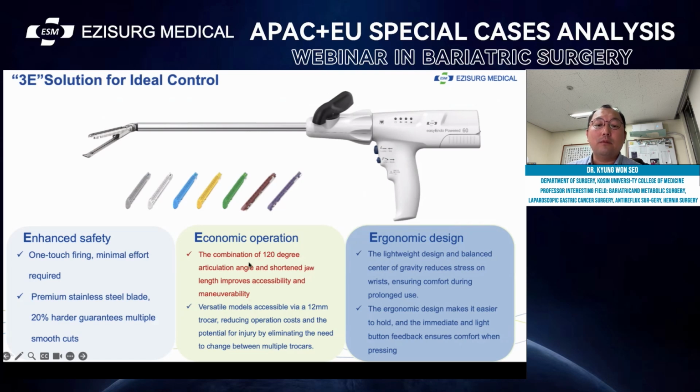The combination of the 120-degree articulation angle and the shortened jaw length improves accessibility and maneuverability. And the other one is ergonomic design, which is helpful to the surgeons to control the stapler very efficiently.